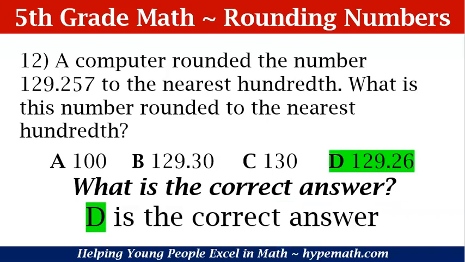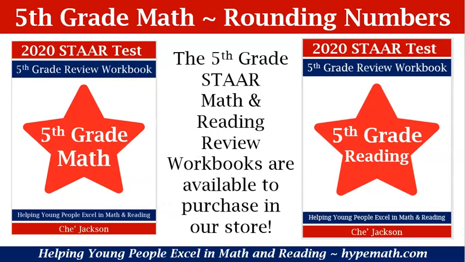If you said D, you are absolutely correct. Because 7 is 5 or more, our rounding digit, which is the 5, is rounded up. So our answer is 129.26. And that is it for all of our questions dealing with rounding decimals.